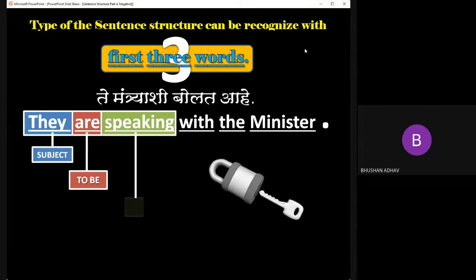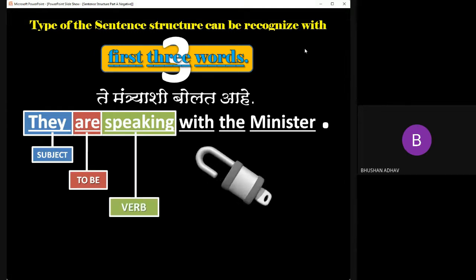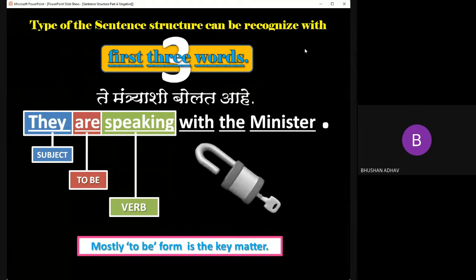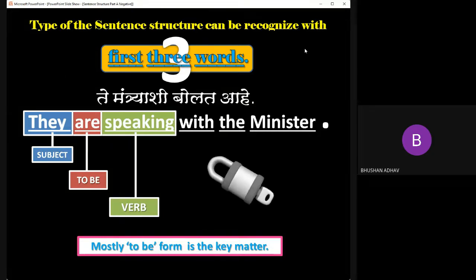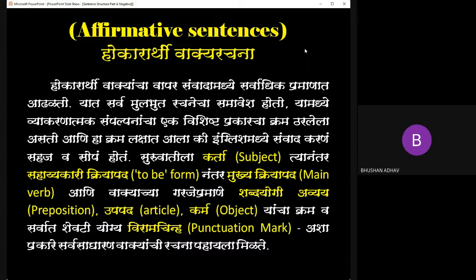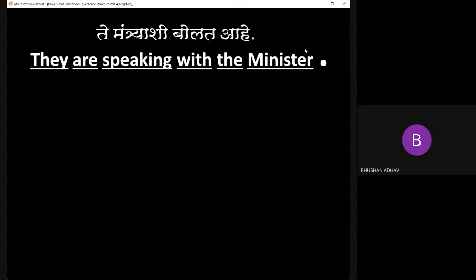So there are five forms of a verb: basic, s/es, ing, past form, and past participle. The major role of sentence structure is to generate the expected meaning. And in a sentence, the to be form plays a very, very vital, important role. So, affirmative sentences, just focus over here and see exactly what is there.